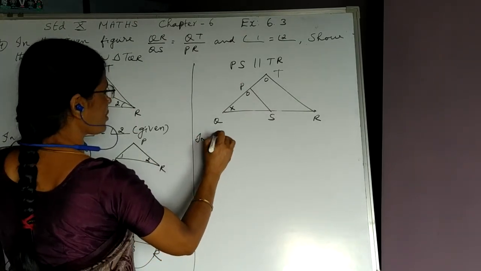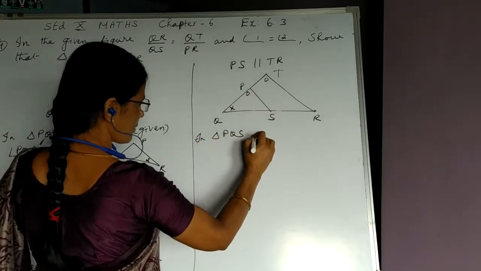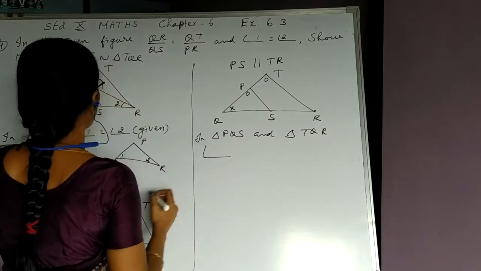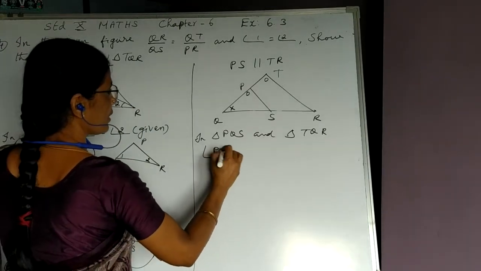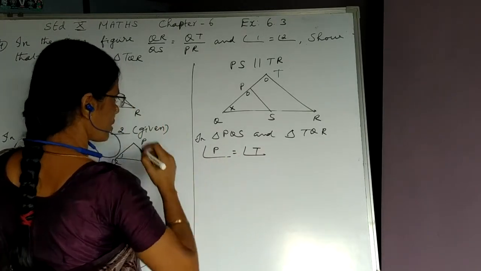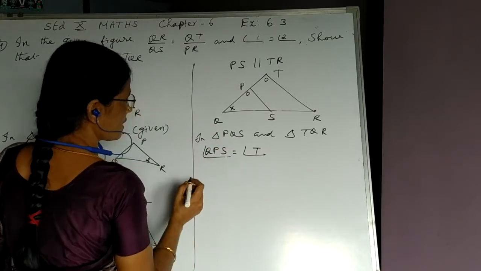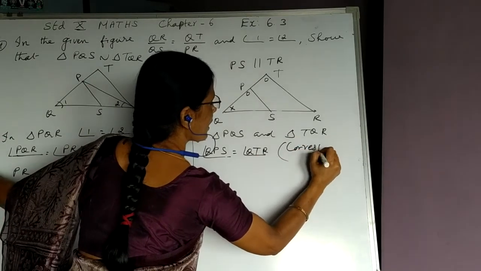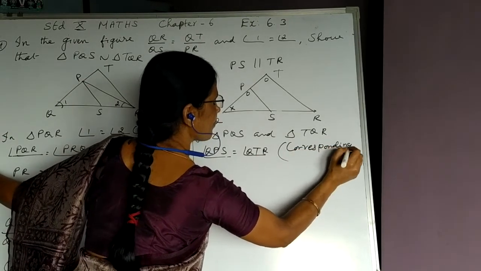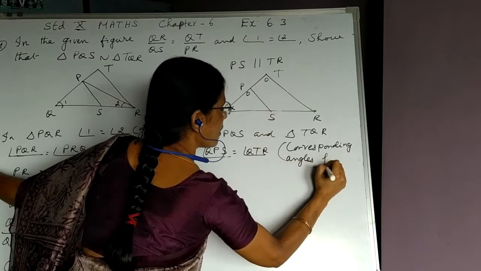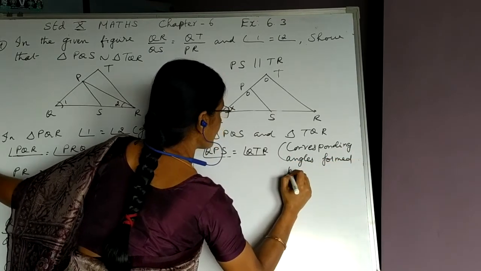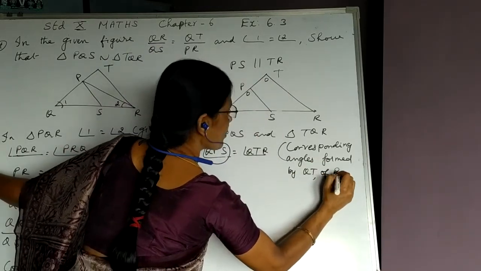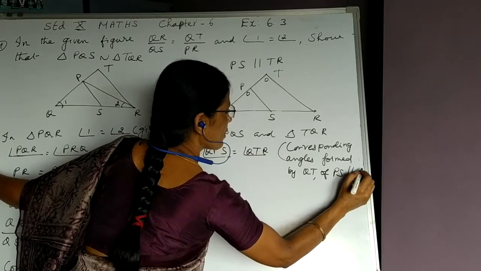So I write, in triangle PQS and triangle TQR, angle P is equal to angle T. What do you mean by angle P? It is QPS is equal to QTR. The reason is corresponding angles formed by the transversal QT of PS parallel to TR.